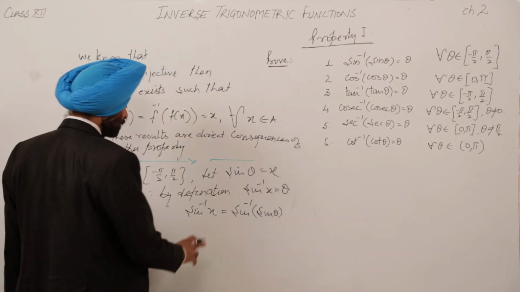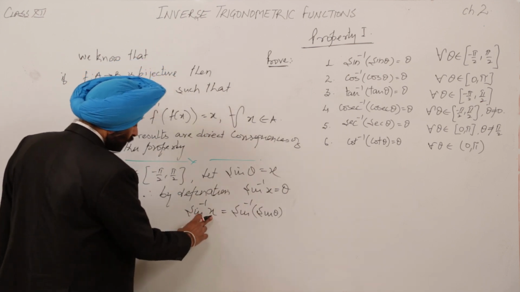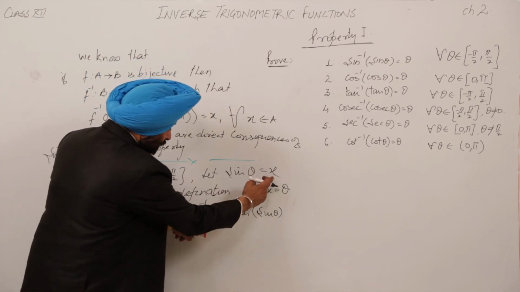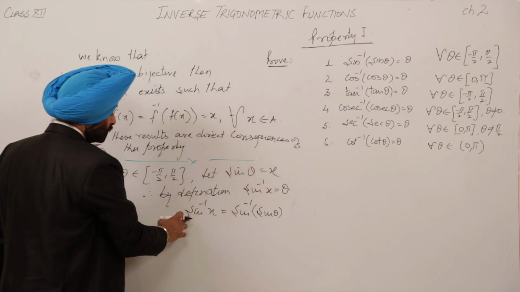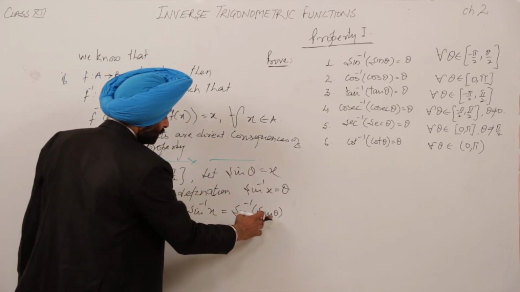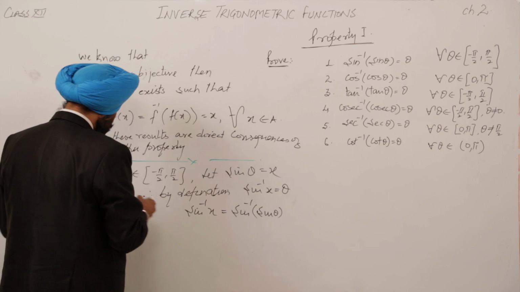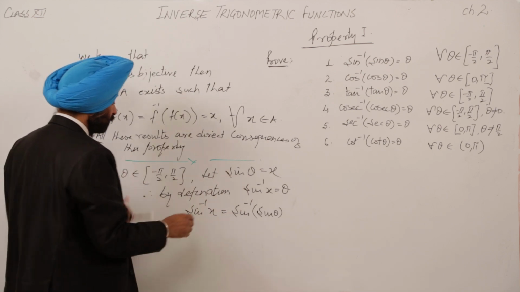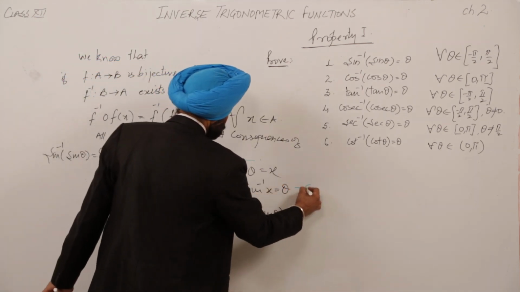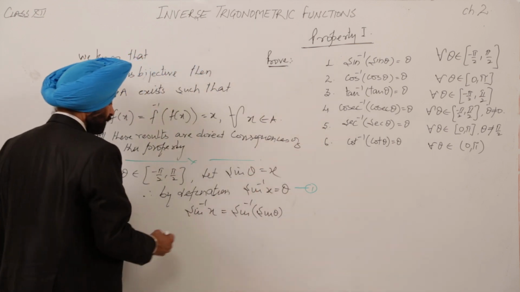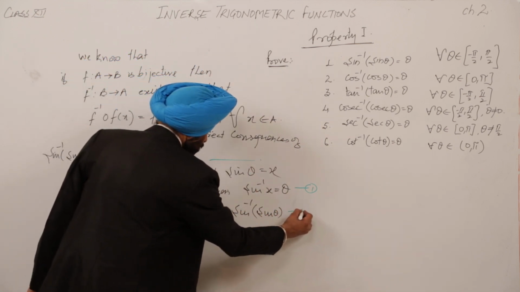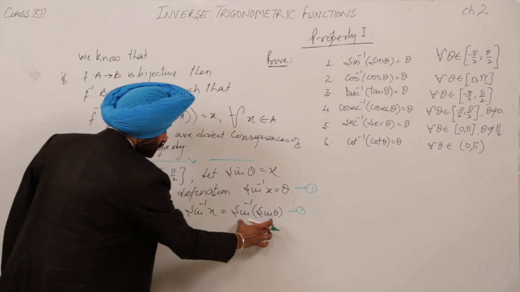Can I write it as sine inverse sine theta? Because what is this x? It is written here, x is equal to sine theta. So sine inverse x is equal to sine inverse sine theta. Now from these two, one is sine inverse x is equal to theta, and the other is sine inverse x is equal to this part.